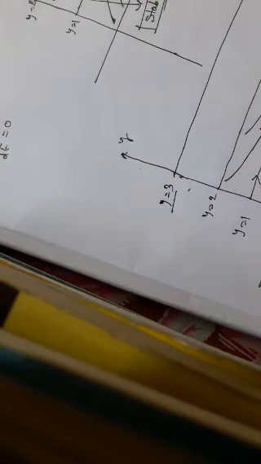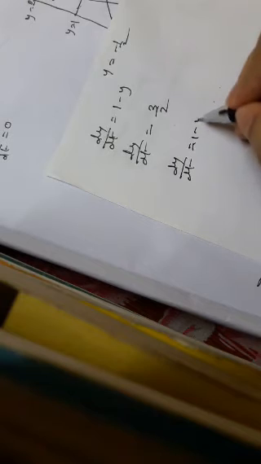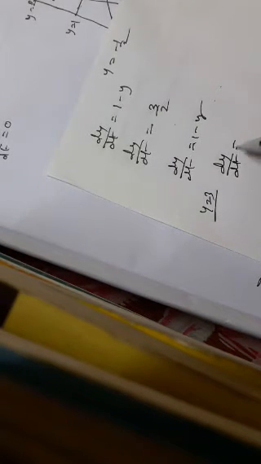And now we consider the positive part, y equal to 3. Then dy/dt is equal to 1 minus 3, which is minus 2.